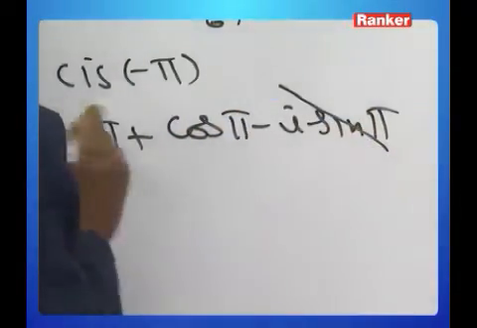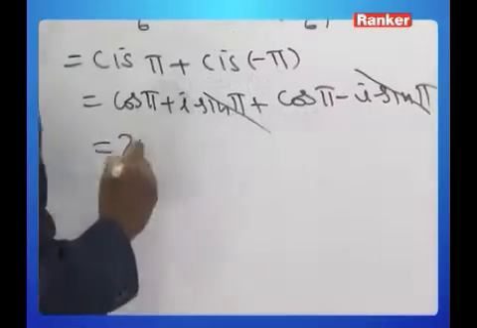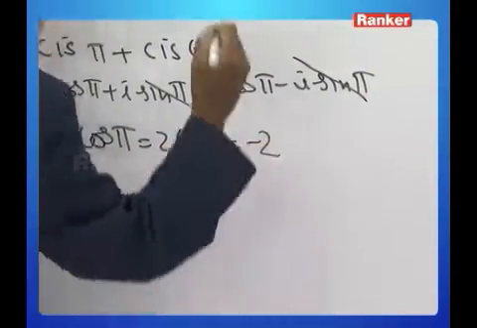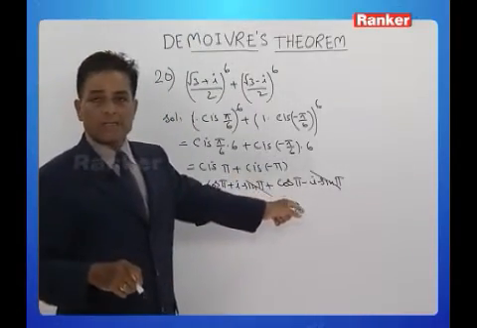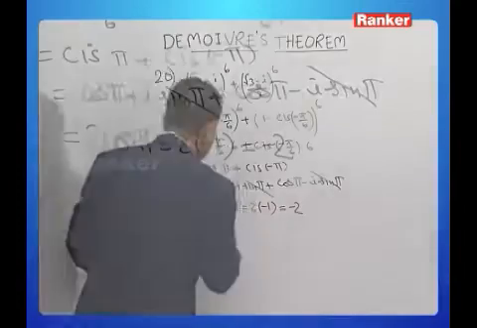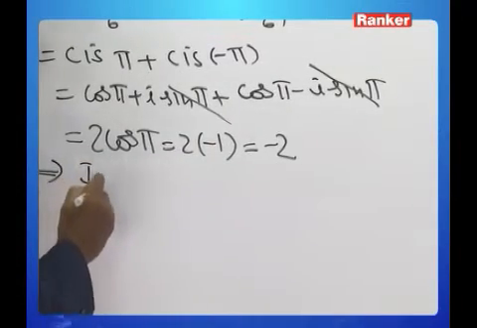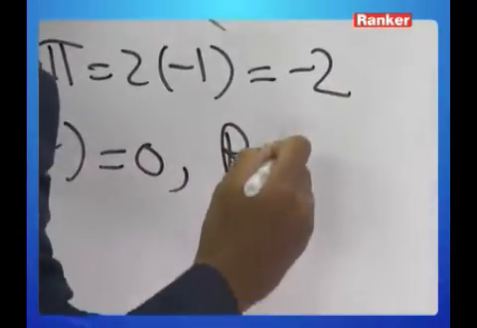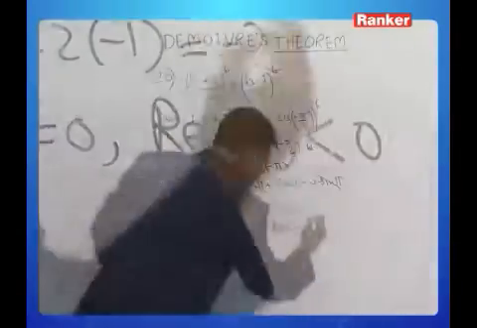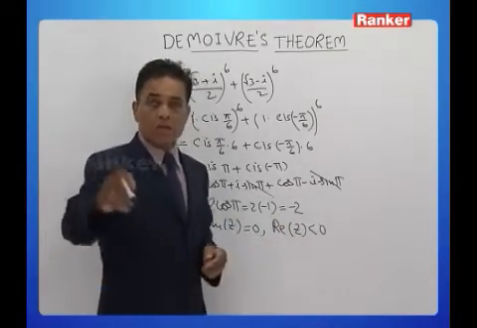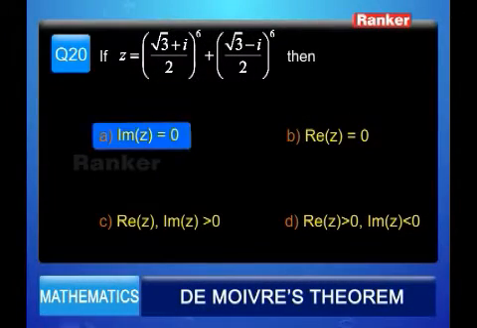Of course, the sine part is 0, so you can cancel it. 2 cos pi is minus 2. So we understand the real part is there, imaginary is 0, and the real part is less than 0. We got real part minus 2, imaginary part not there. So the right answer is imaginary part 0 and real part of z less than 0. Right option is A, the first option.